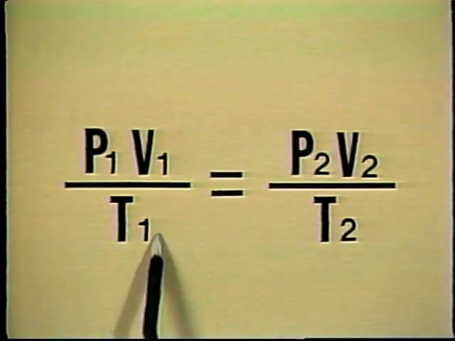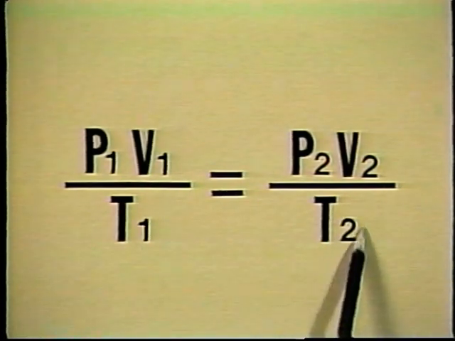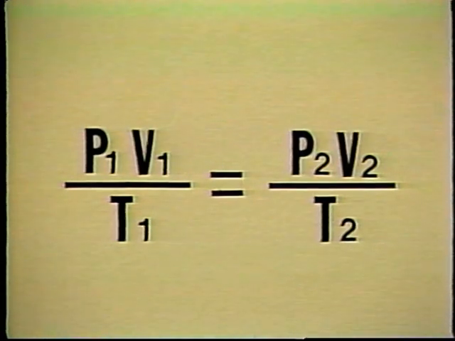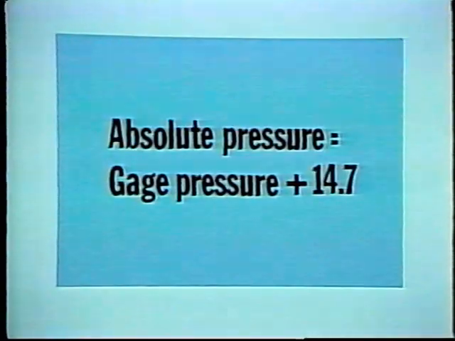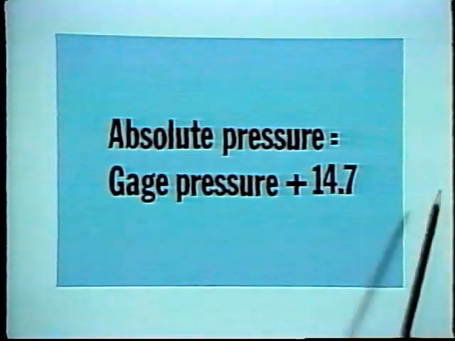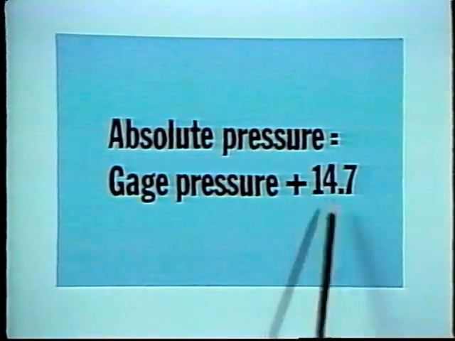The numbers indicate the original and final condition of the gas in this formula. The P, or pressure, is expressed in absolute pressure in pounds per square inch, which means we must add 14.7 to the gauge pressure.